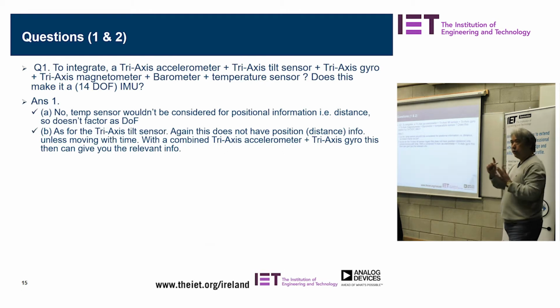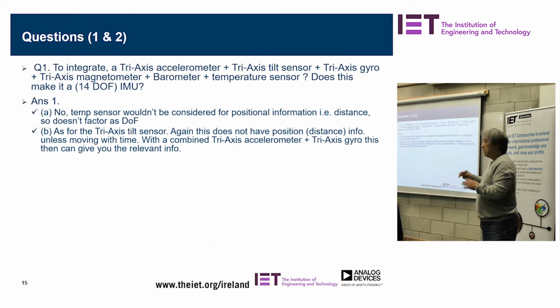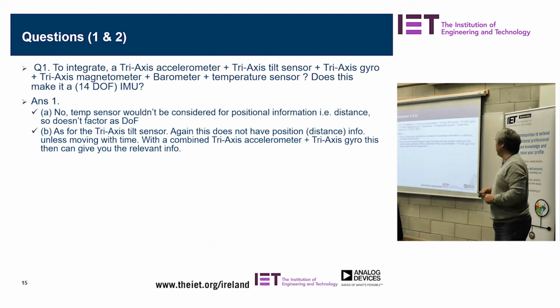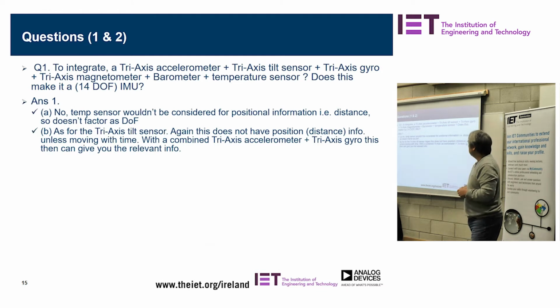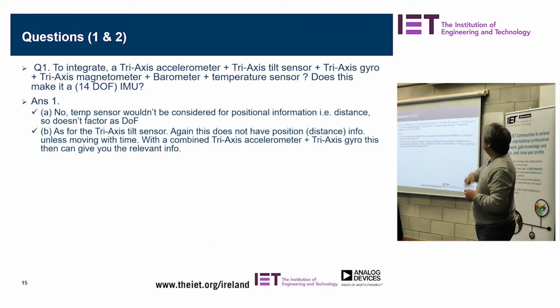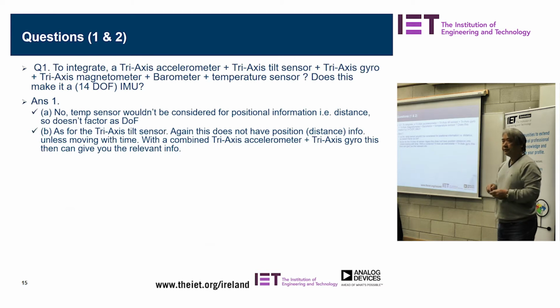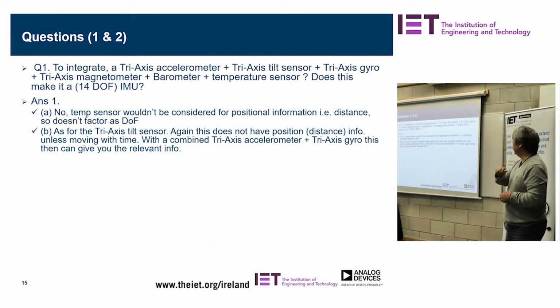It's not a position. And a tri-axis tilt sensor tilts, it doesn't give you a position, it gives you an angle. Unless it's moved with time, then you might be able to get something with it. So the answer is no. It's down to about 10 again.